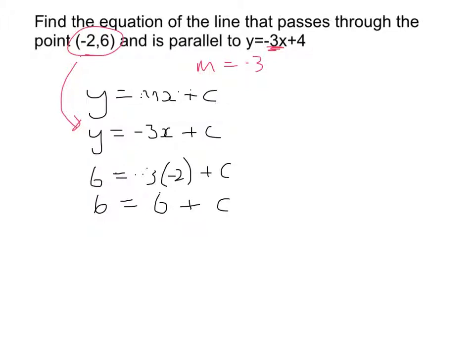We'll take away 6 from both sides, which gives us c will be equal to 0. And in that way we end up with the equation y equals -3x.